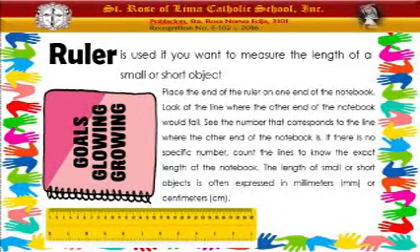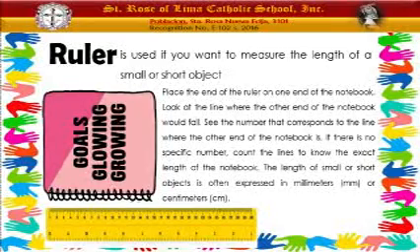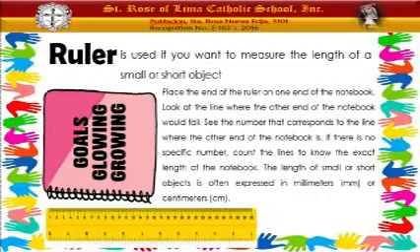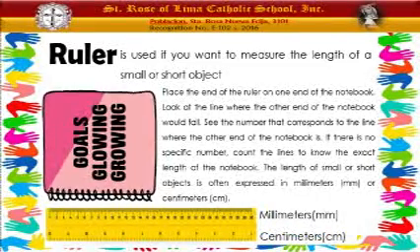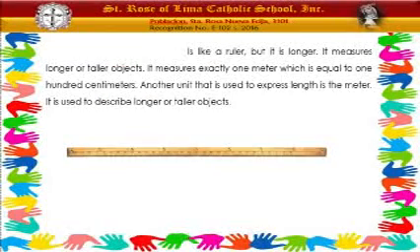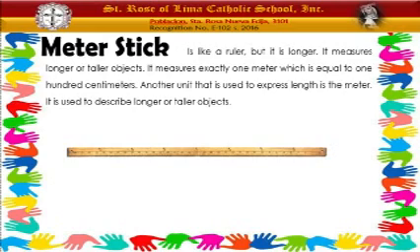So the length of small or short objects is often expressed in millimeter or centimeter. So in a ruler, the millimeter is this one and the centimeter is this one. Okay, next is the meter stick. A meter stick is like a ruler, but it is longer, just like in the picture.